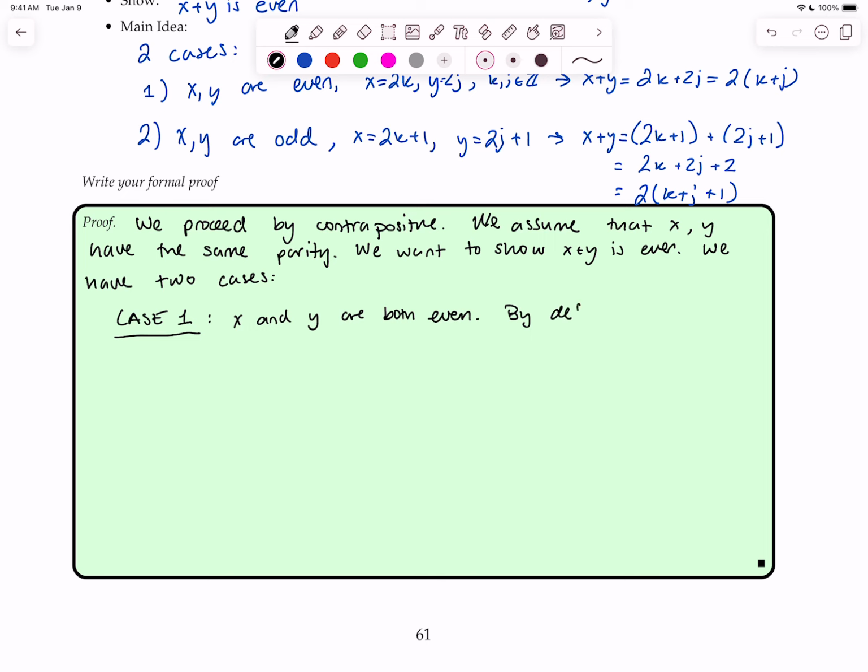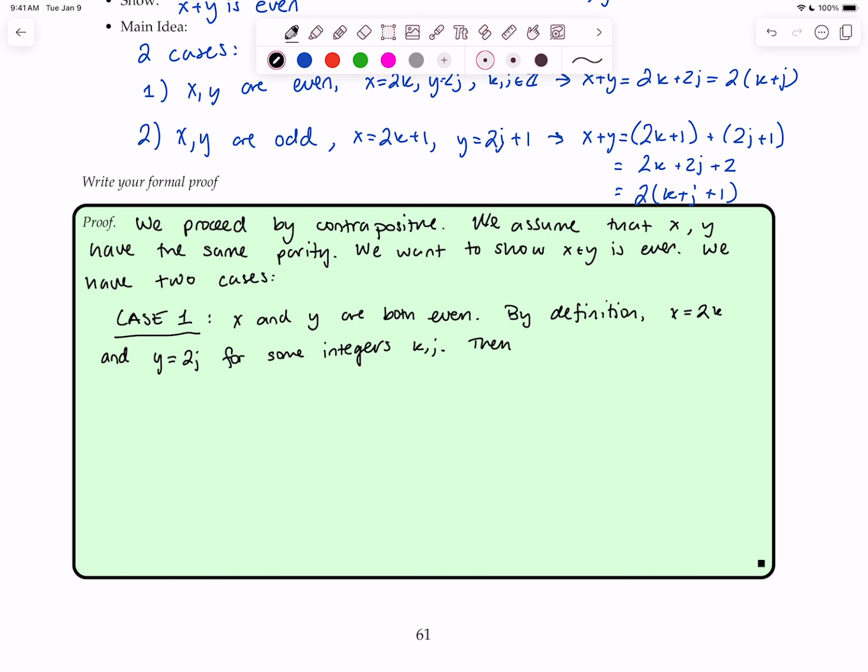So by definition, we know that x is equal to 2k and y is equal to 2j for some integers k and j.